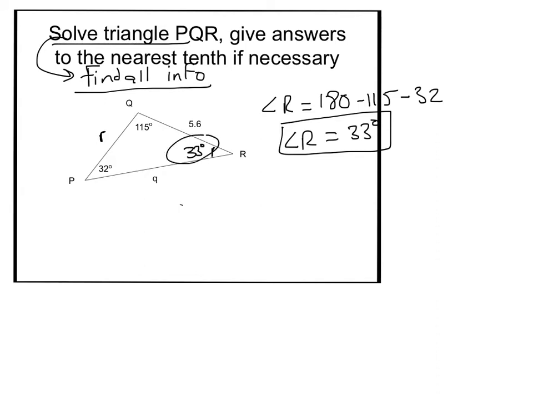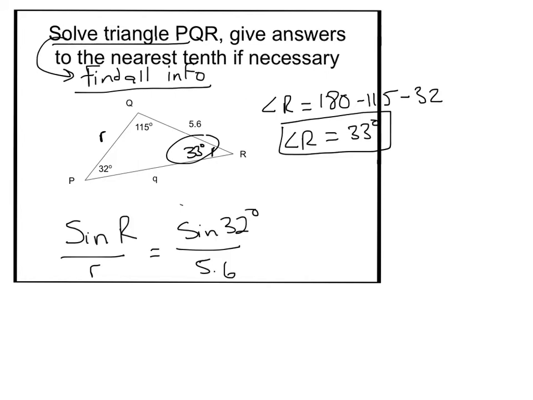Okay, so now we're going to find our missing sides. This is not a right triangle, so I cannot use SOHCAHTOA. I'm going to use this great law called the law of sines. Notice what I have up here on the board: sine of R over r is equal to sine of 32 over 5.6.